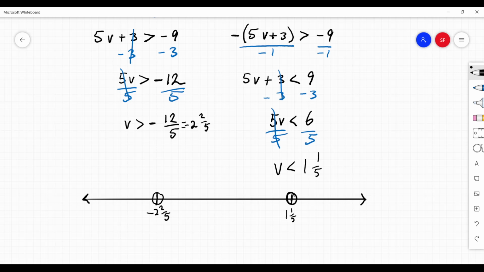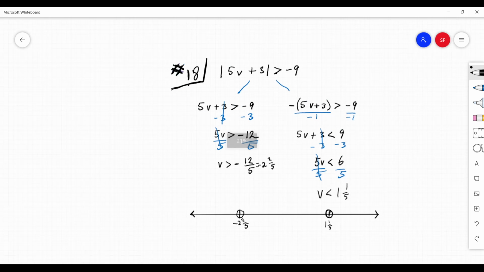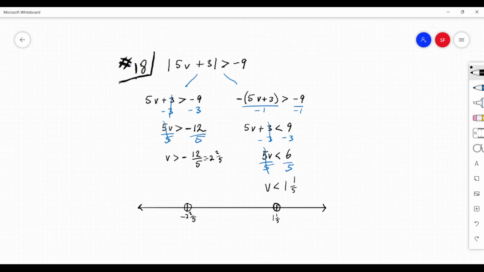And draw your tick marks and all that kind of stuff. But since we know the ending, let's go from there. So what do we want to pick over here to test? -3? Sure. So -3 times 5 is -15 plus 3, -12. Absolute value of -12 is 12. So it works over here.